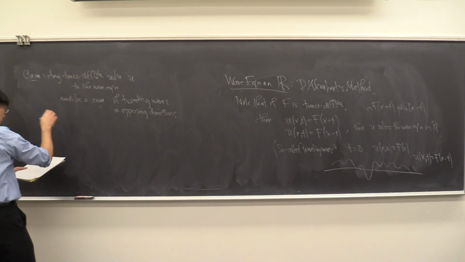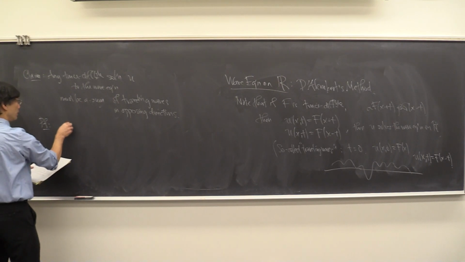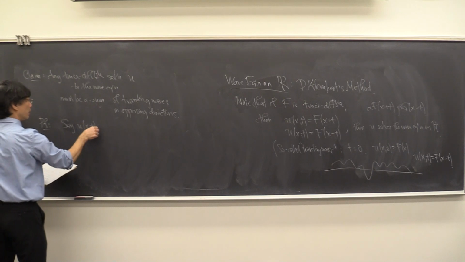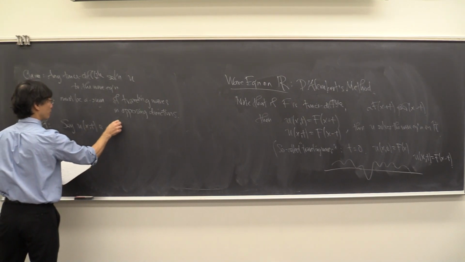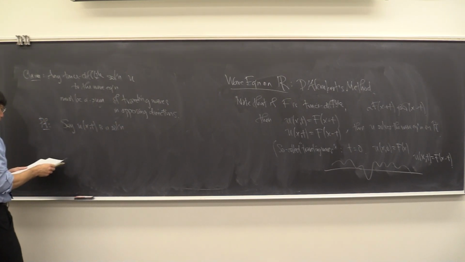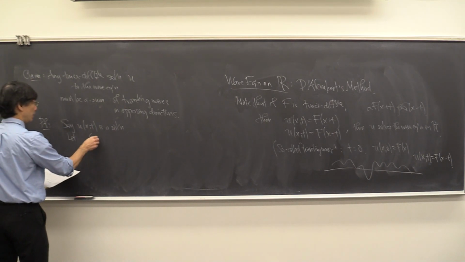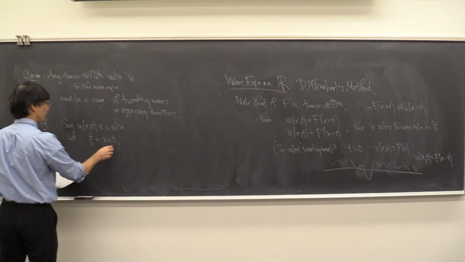Okay, so say that u of x, t is a solution. And we're going to change variables. Let xi be x plus t, let eta be x minus t.